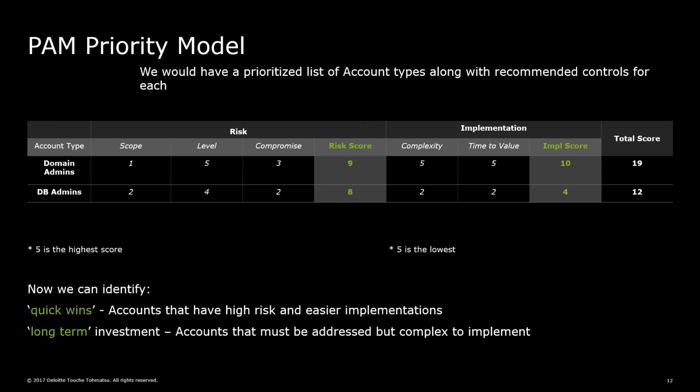Let's give a real-time example of something I did with a customer. So let's take the domain admins, as I mentioned before. The scope: there are not too many domain admins. Currently there are about 60 domain admin accounts within this organization, but we're going to reduce it to 20. We did an exercise of reducing those domain admins as a first stage.